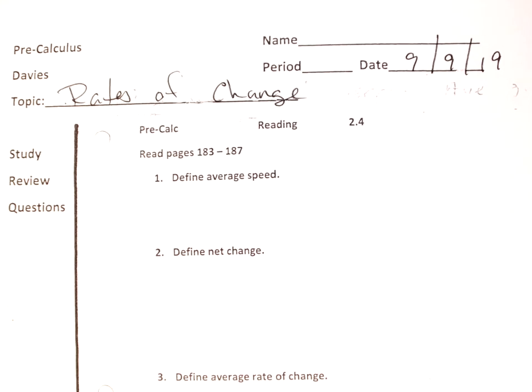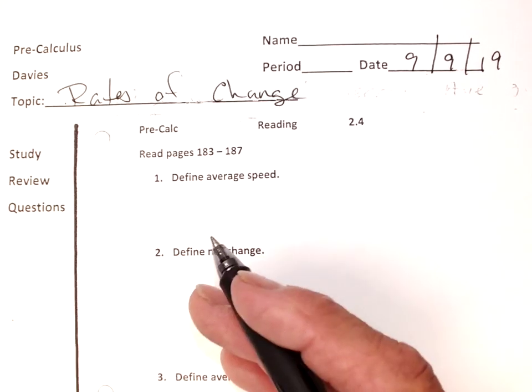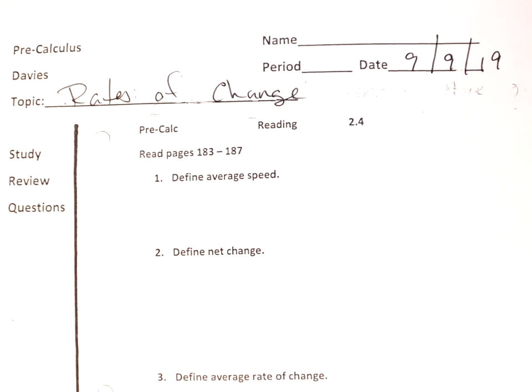Okay, so define average speed. Think about this. You know this. If you drive from here to Spokane, you know your beginning time and your ending time, so you take your total distance and divide by the time. That doesn't mean you didn't speed up or slow down along the way.